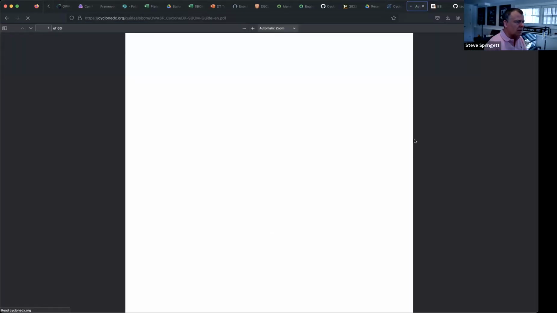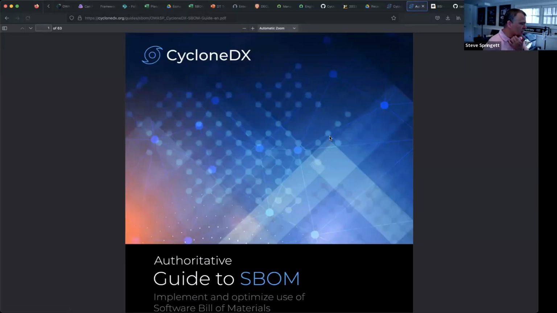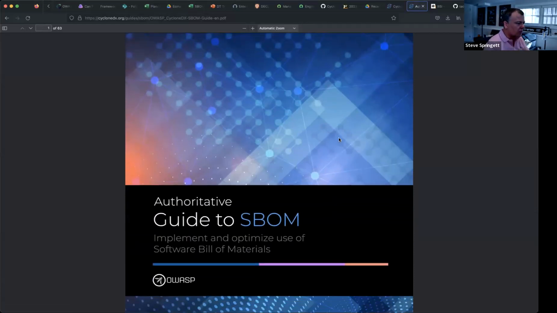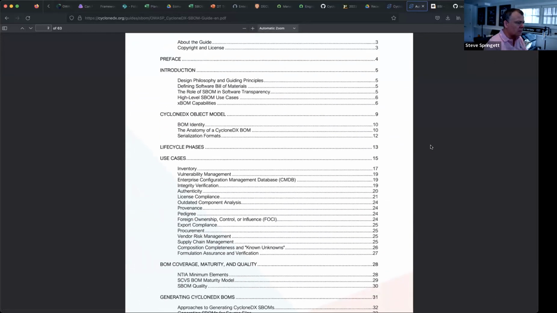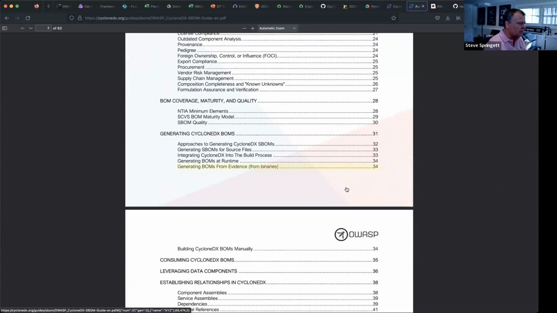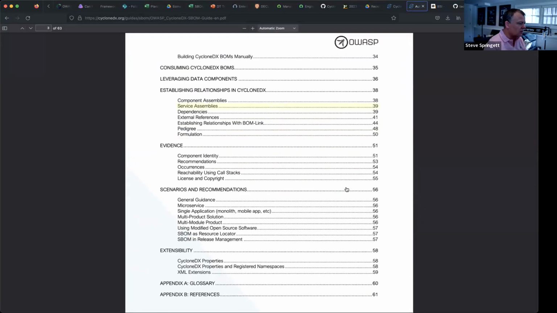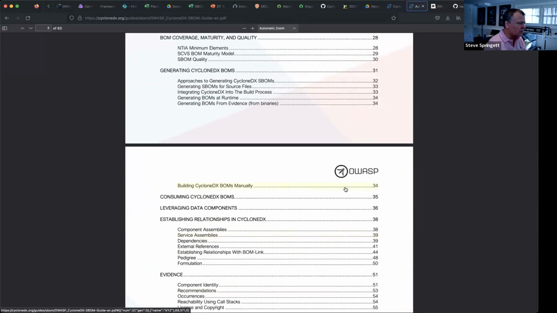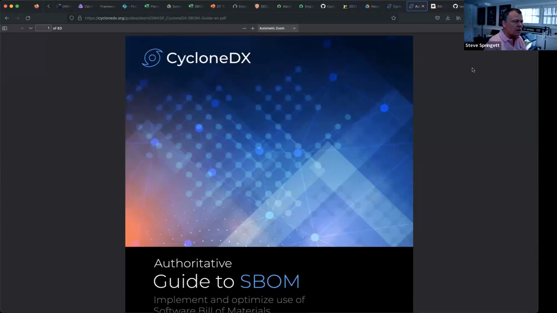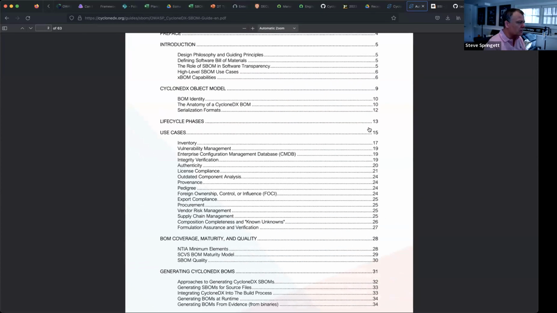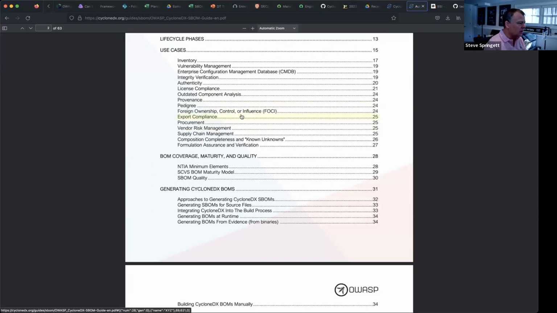If you download the guide, it's like a 60-page PDF on exactly how to use it. It has use cases and whatnot, but it also goes into some detail on different things as well. So we will likely want to create one of these guides for CBOM as well, would be my guess.